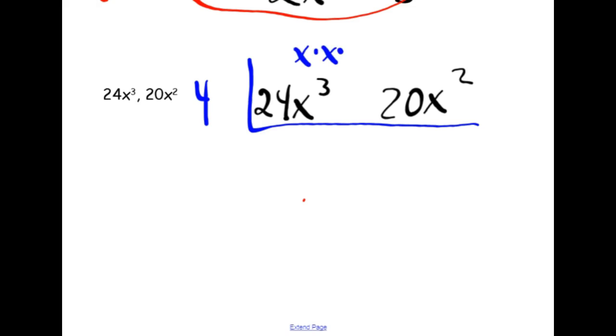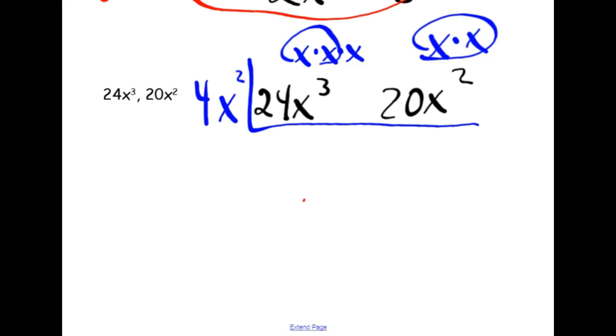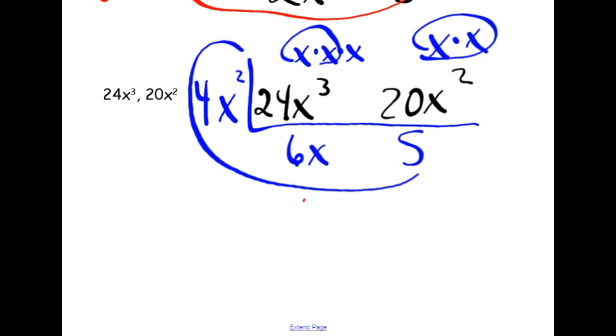Because remember, x cubed is x times x times x. X squared is x times x. So they have an x squared in common. So 24x cubed divided by 4x squared is 6x. And 20x squared divided by 4x squared is 5. Since 6x and 5 don't have any factors in common, we're ready to multiply here.